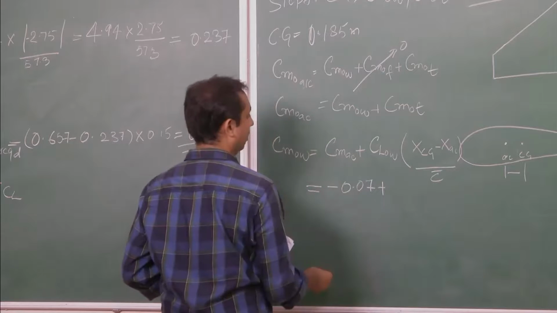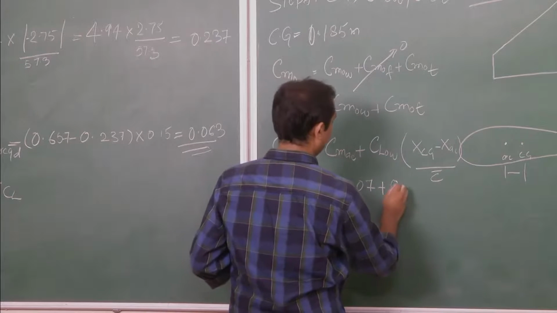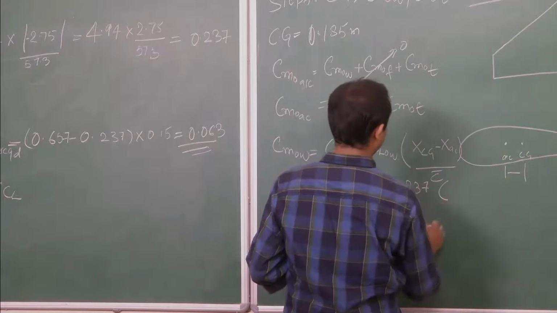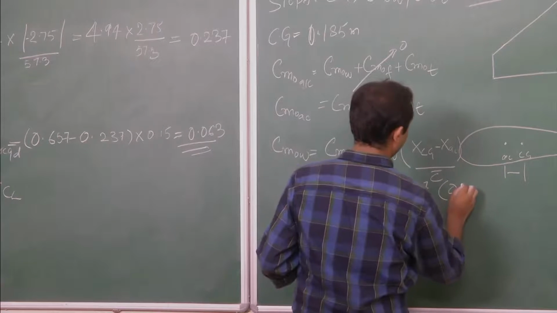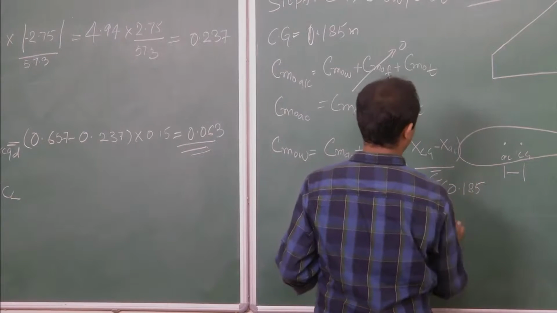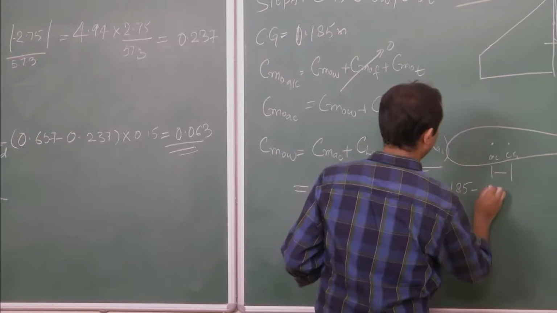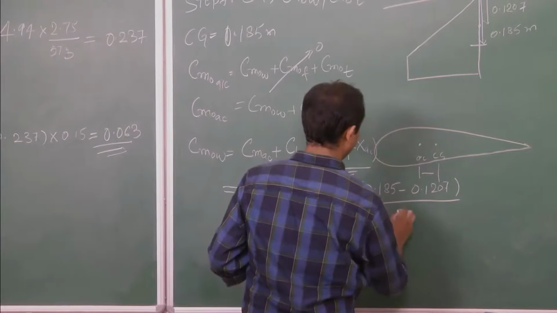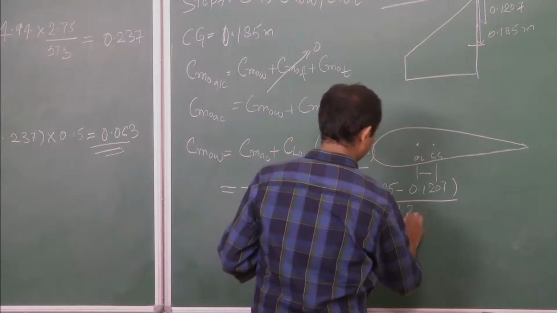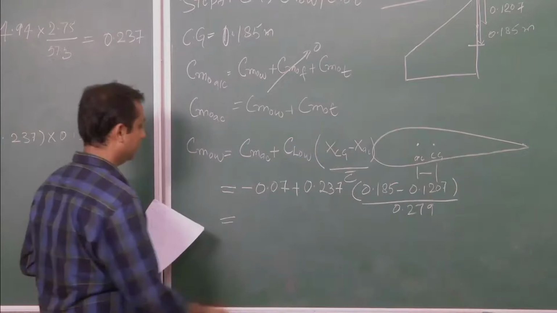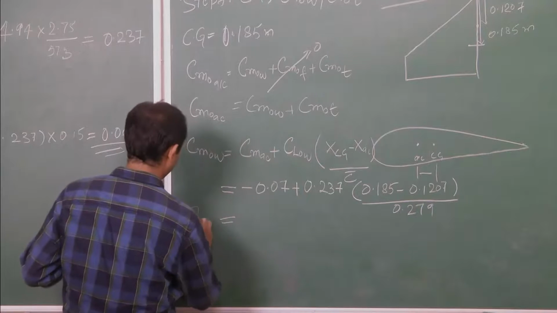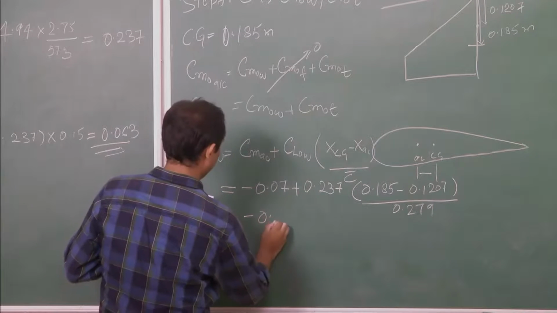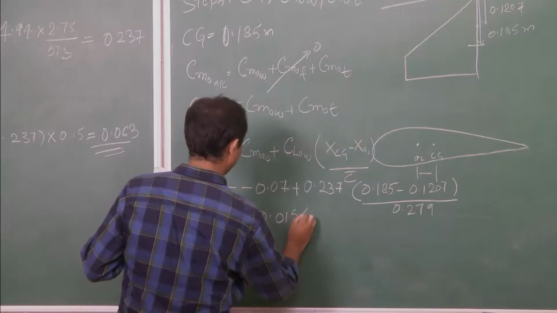We calculated Cl naught of wing as 0.237. xCG we have selected as 0.185, xAC we calculated was 0.127, and C bar was 0.279, which will give Cm naught of wing as minus 0.0154.